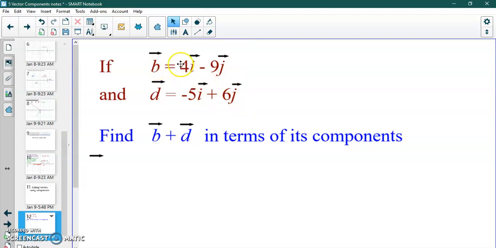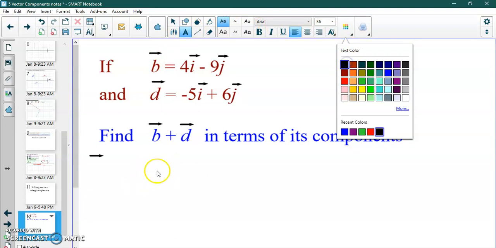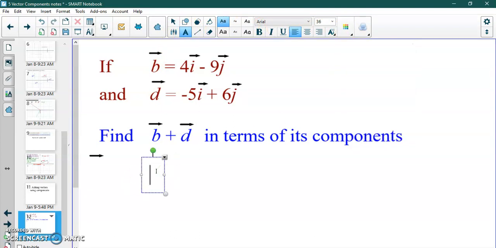So we are going to combine the i vectors and our j vectors, and so vector b plus vector d is going to be equal to, well, 4i plus negative 5i would be negative 1i, and negative 9j plus 6j would be negative 3j.